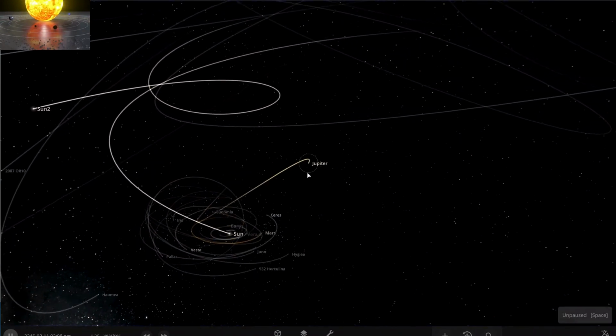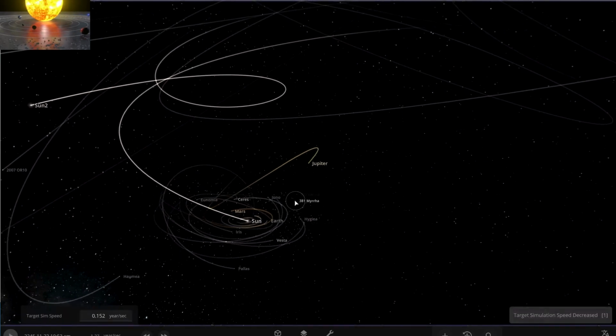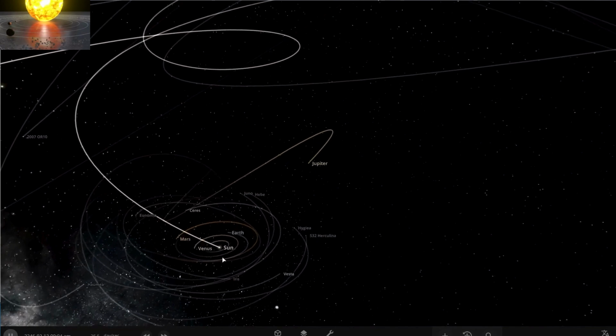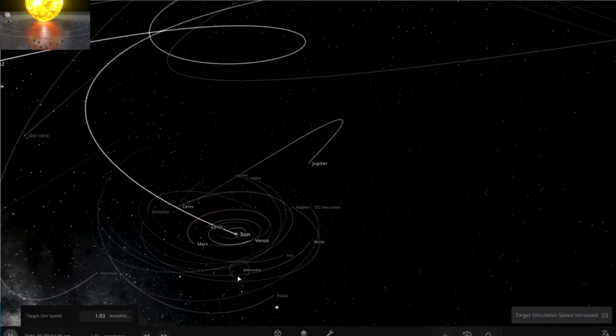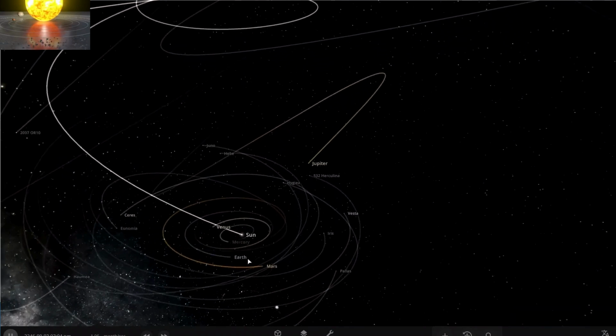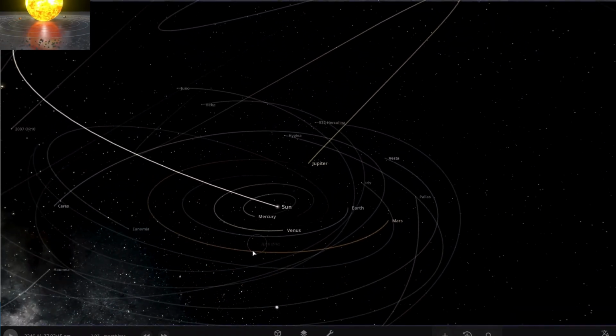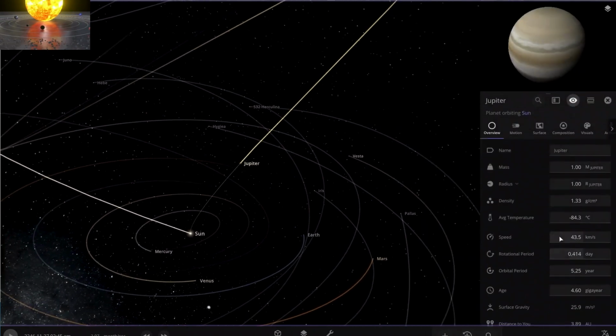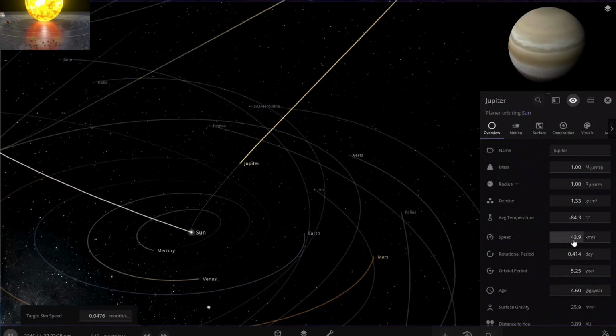You can see Jupiter is just getting close with a high speed and get far from the sun with a slower speed. When it just get close, it's in maximum speed. Speed of the Jupiter right now is 43 kilometer per second. Let's slow it down.